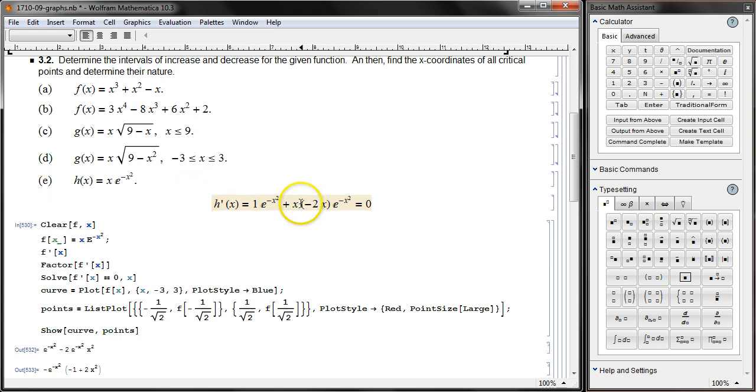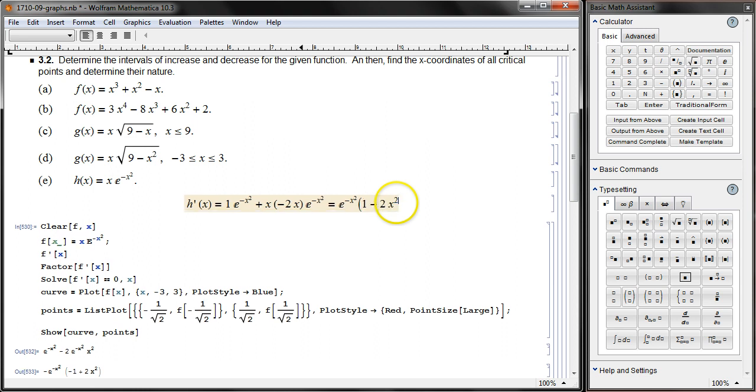This is the derivative of the second function. Please note that I used the chain rule. So set it equal to 0, you'll have to factor something out, and the exponential can be taken out. So let's do that. Take this exponential out, and then what's left is 1 minus 2x squared. Set it equal to 0, what do you get?